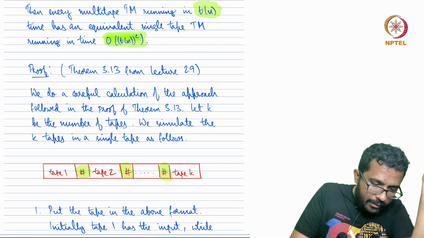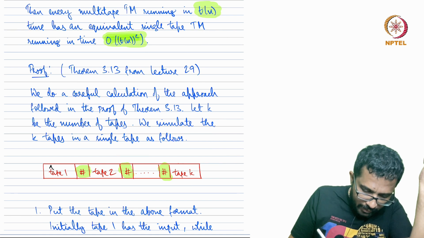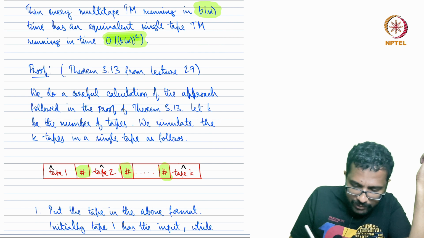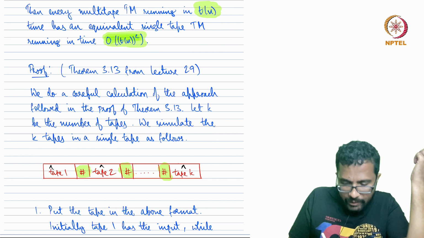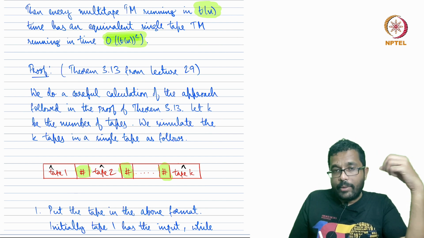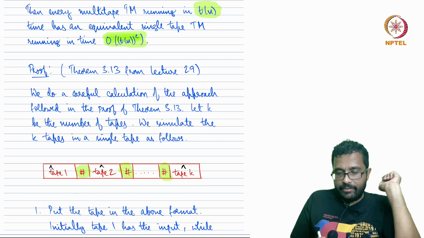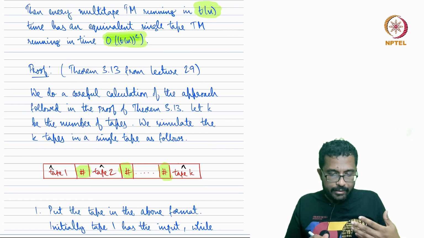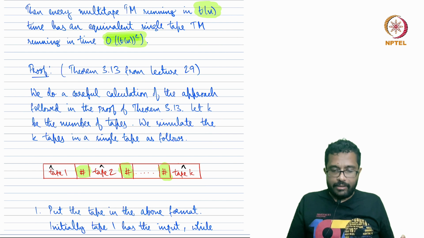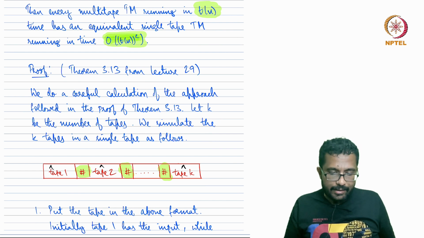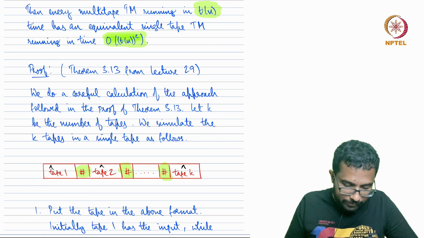And then we also have a marker for the heads. So some symbols will be special. Every virtual tape will contain one place where this marker is, which indicates where the head is in the multi-tape machine, right? I'm not getting into the details, because if you forgot what the full proof was, you can refer back to lecture 29, where we explain this in detail.